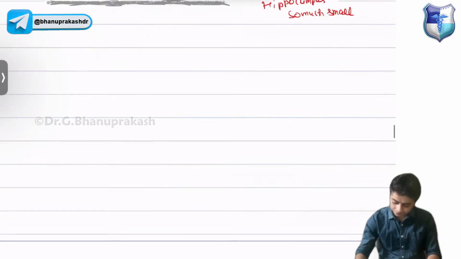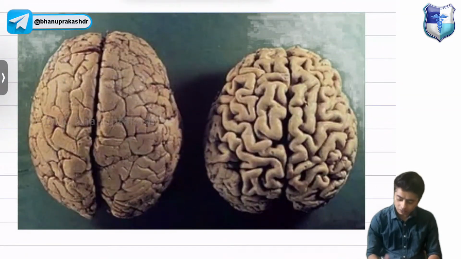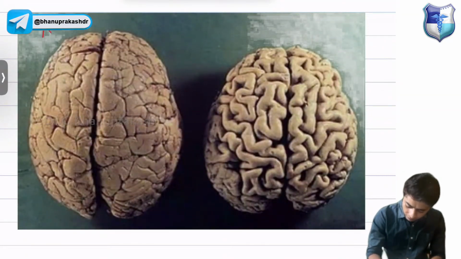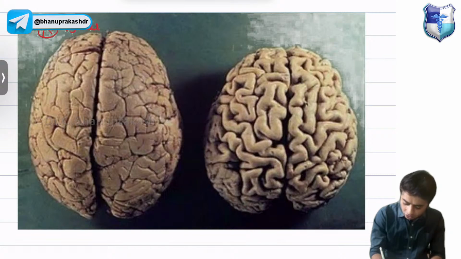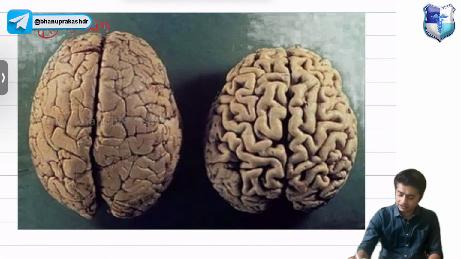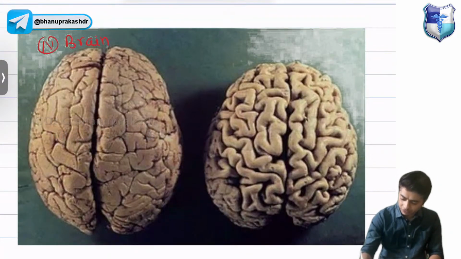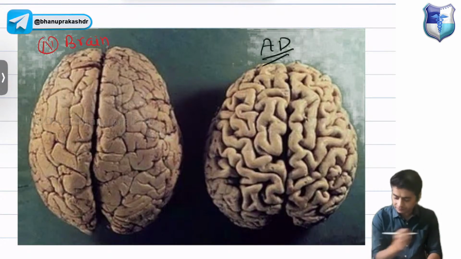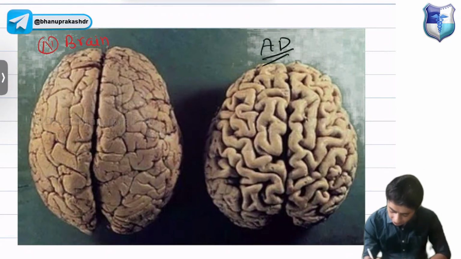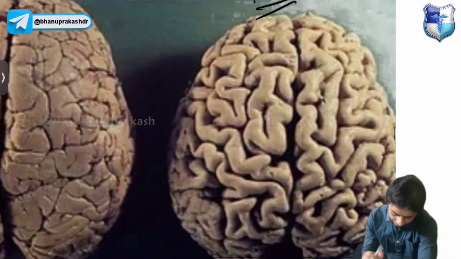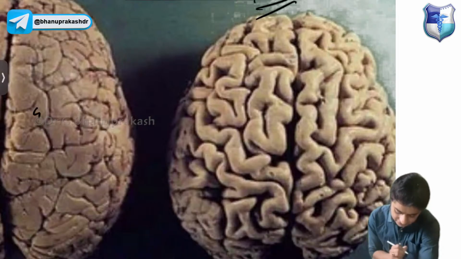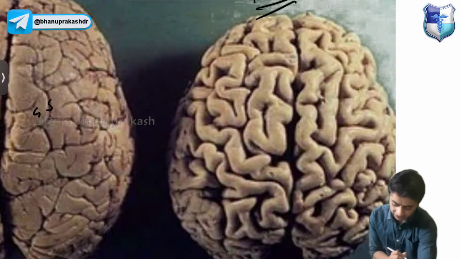See another diagram. This is your normal brain. And this is the brain of the Alzheimer disease patient. See, are you seeing the difference? See in this diagram, just compare. These are your gyri and these are your sulci.